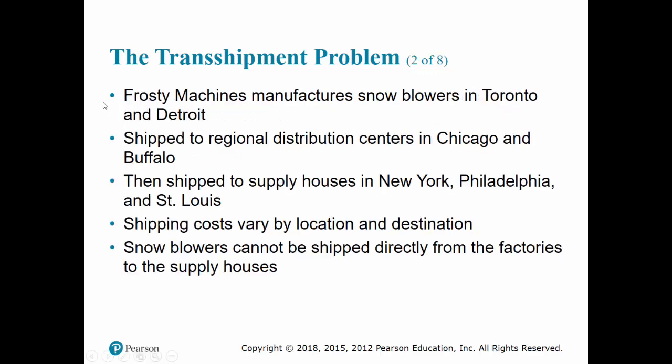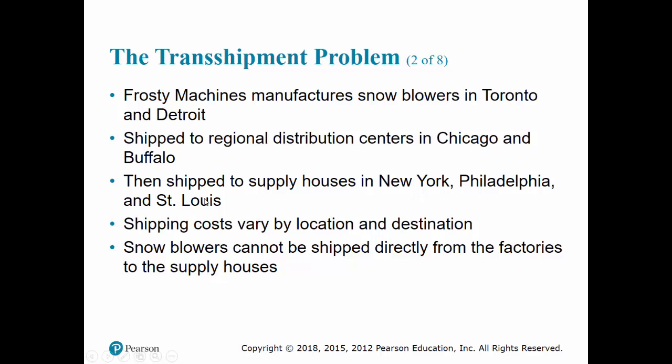Okay, so here in this example we have snow blowers that are manufactured in Toronto and Detroit, and shipped to regional distribution centers in Chicago and Buffalo, right? And then from Chicago and Buffalo, shipped out to houses in New York, Philadelphia, and St. Louis.